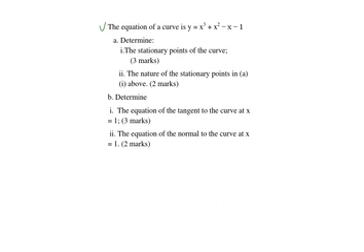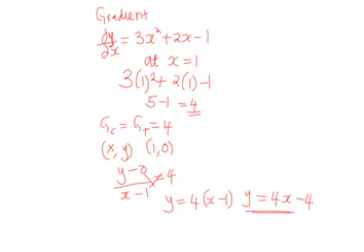Now we are told to find the equation of the normal to the curve at x equals 1. Here you are supposed to note that the tangent to the curve and the normal are perpendicular to each other. So if we multiply the gradient of the curve by the gradient of the normal to the curve, we should get negative 1, meaning that the gradient of the normal is the negative reciprocal of the gradient of the curve.